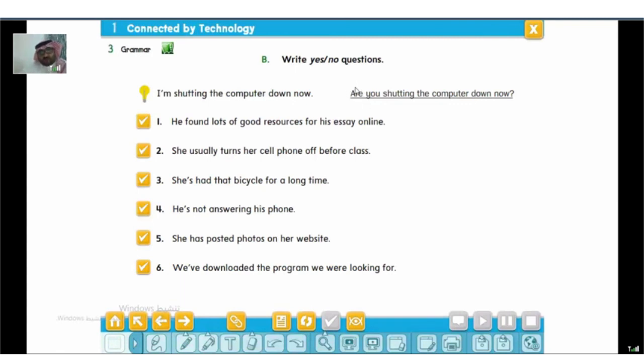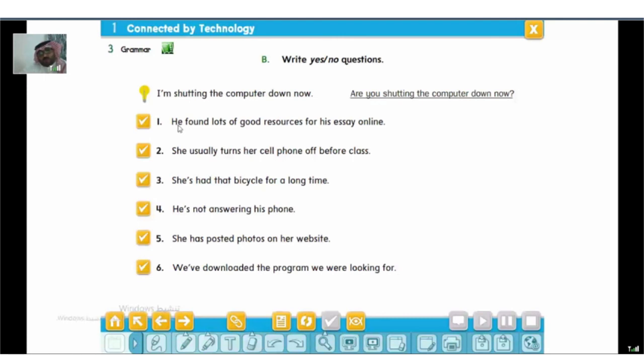First we look at the sentence. Number 1, this is an example. He found lots of good resources for his essay online. The sentence is past simple. We want to write yes/no questions.